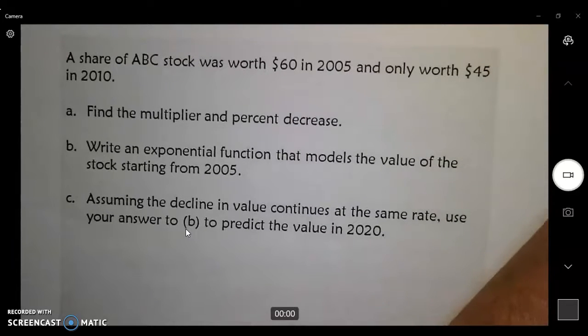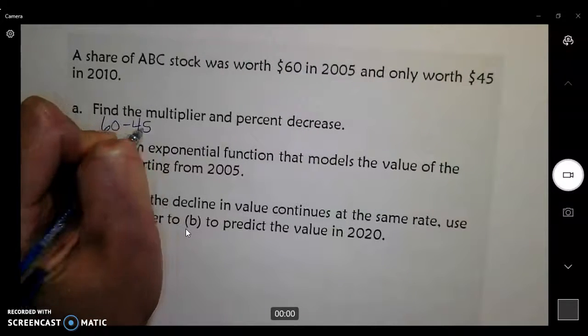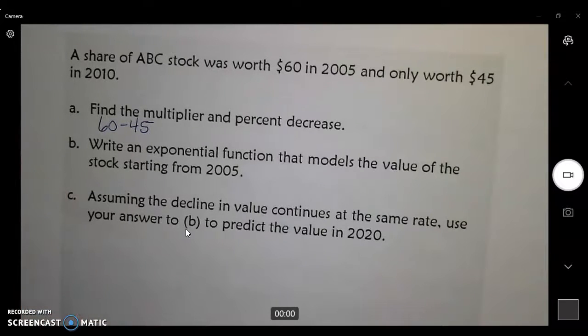Okay, so we are decreasing in value here. We went down 60 minus 45. So we went down $15, and then get your calculator out.